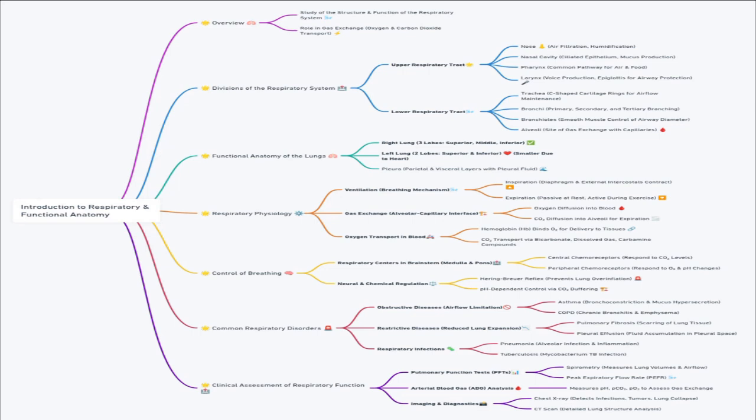From generation 5 to 16, you have your terminal bronchioles. From 17 to 23, that's where you have your transitional and respiratory zones. From 17 to 19 is the respiratory bronchioles, and then from 20 to 22, the alveolar ducts, and 23 is the alveolar sacs.